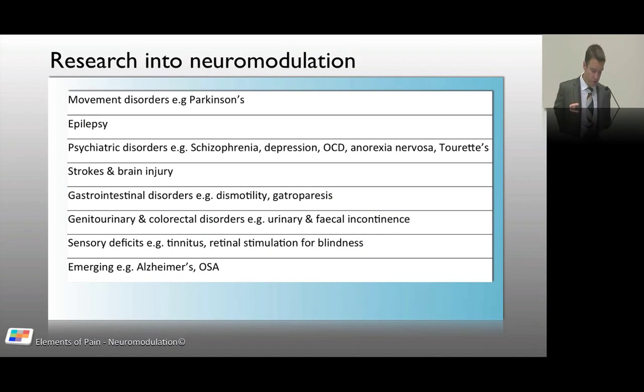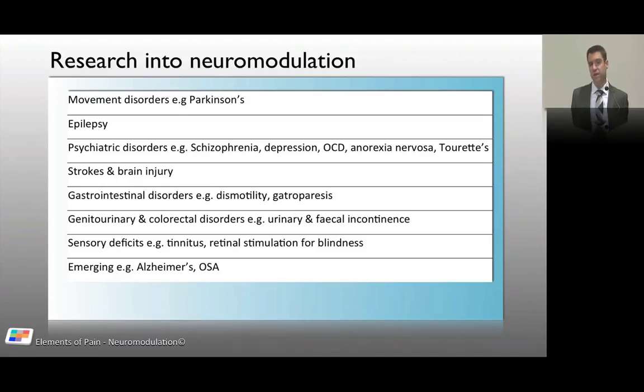And then again, when you're talking about neuromodulation, we always think about it with regards to pain control, but neuromodulation is being used for a number of other non-pain conditions, and there's a lot of research going into neuromodulation at the moment. So movement disorders, and I quite like the psychiatric disorders one. There are a lot of psychiatric disorders that they're now doing research on with regards to neuromodulation.